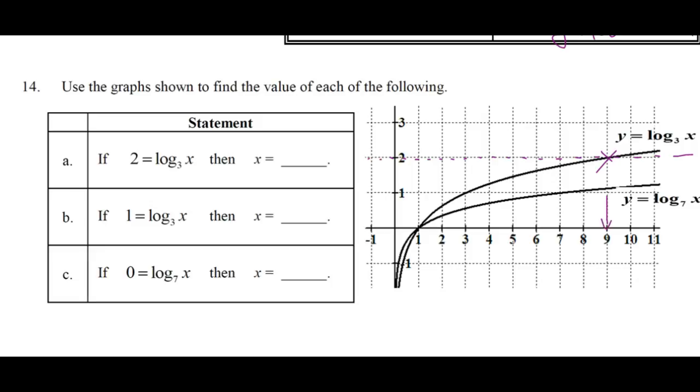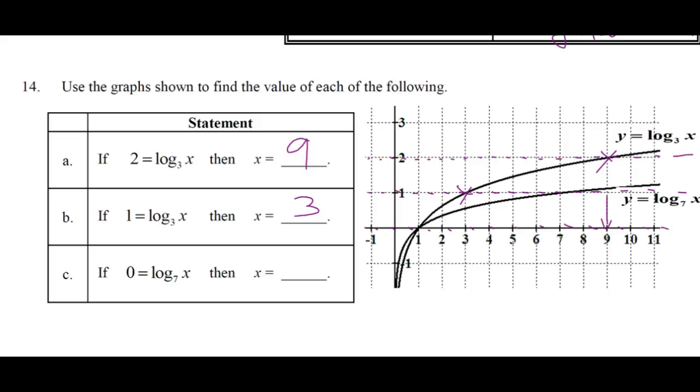Let's read it off the graph. What's x? What does this say? 3 to the power of 2 is x. If 1 is equal to log base 3 of x, that's on this one here, then what's x? If 0, in other words, we'd be given the y values. You graph this, that would be y.